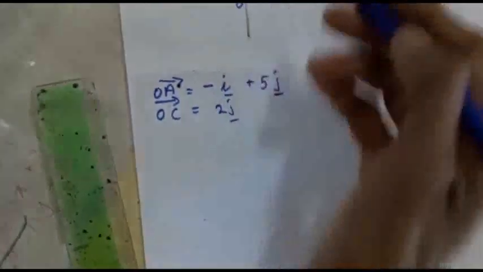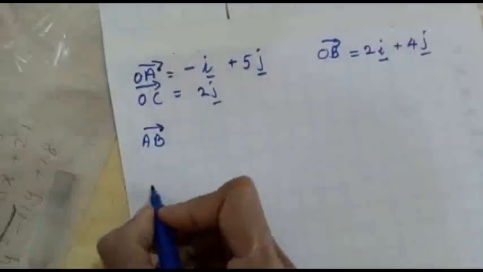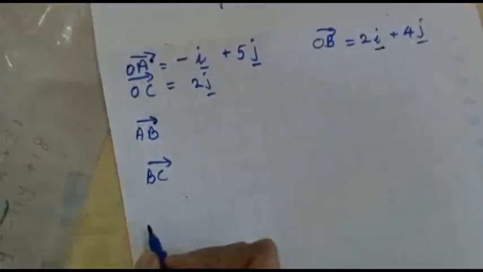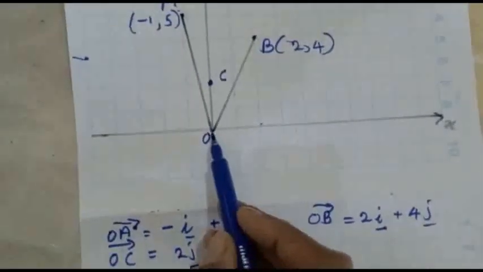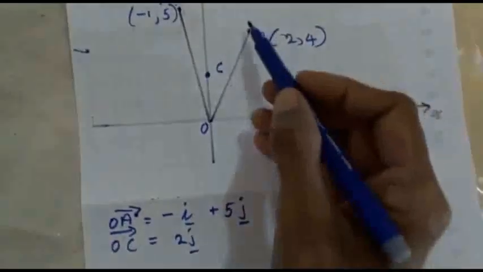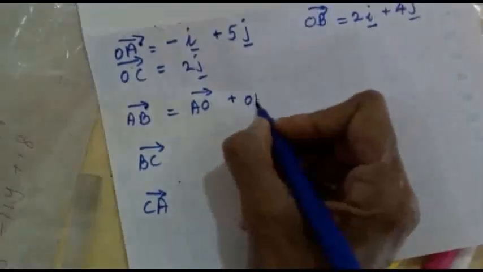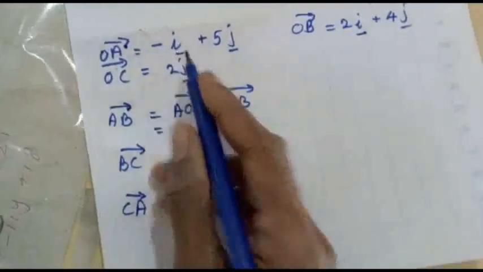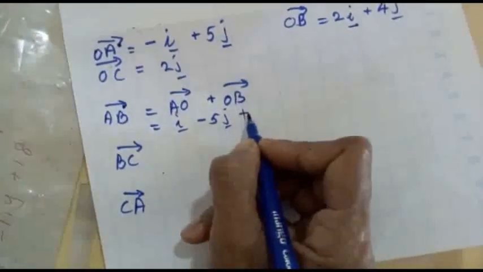Now find vectors AB, BC and CA. Here vector AB is AO plus OB. AO is equal to negative OA, negative 5j plus vector OB.